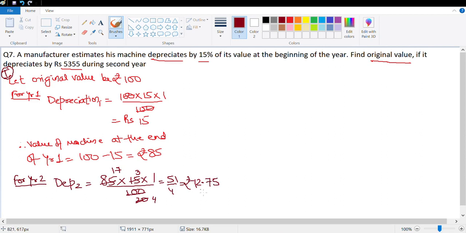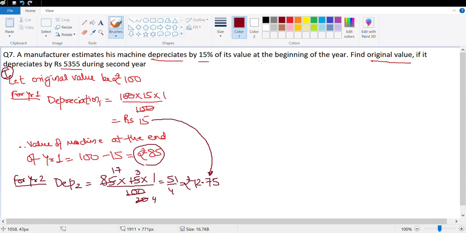So the machine depreciates by 12 rupees 75 paisa in year 2. I hope you notice that the depreciation value keeps going down as the years progress. In year 1, it had depreciated by 15 rupees. In year 2, it is depreciating by 12 rupees 75 paisa. That's because the value of the machine has gone down. Correct.